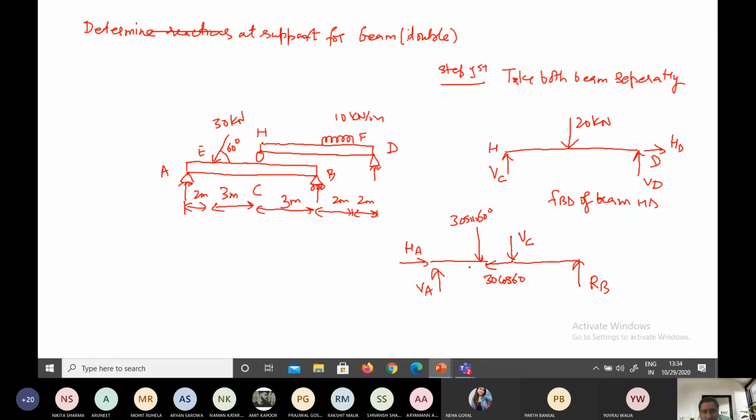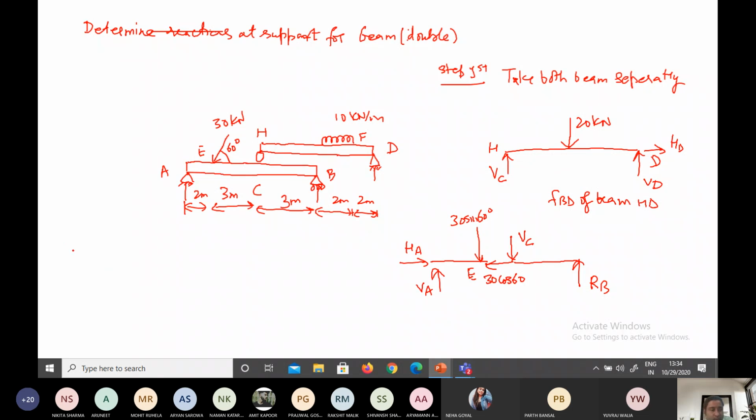Okay, this is clear. Now tell me the values you are getting. If you take beam HD first, then apply equation of statics.